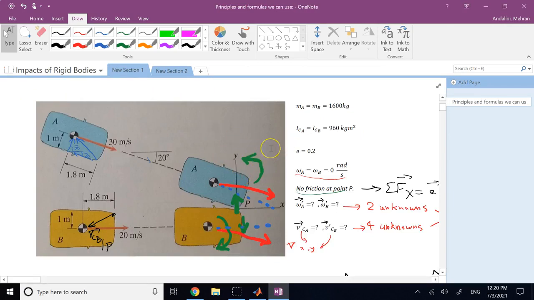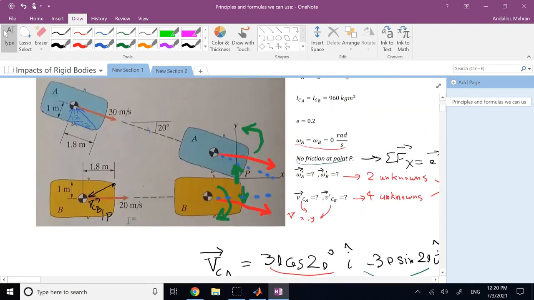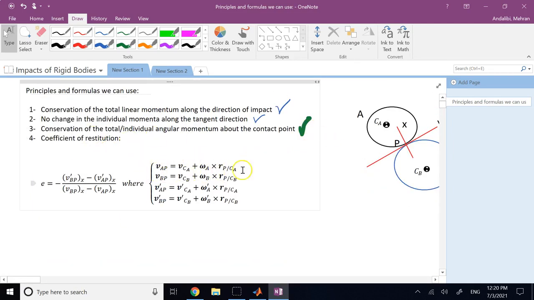In particles, it was only two unknowns, the y components, because the x's are never changing. So instead of 2 unknowns that you had, now here you have 4 unknowns. The omegas will be added as well, so the problem is more involved. And getting those equations also needs a lot more calculations because here you are involved with cross products.